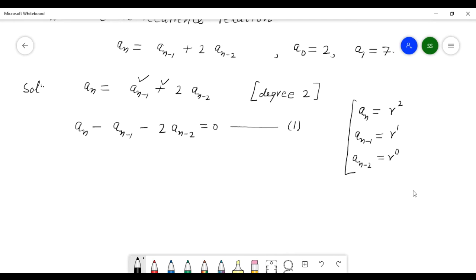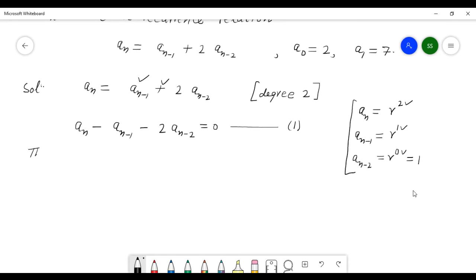Start from here: 2, 1 and then 0. This r to the power 0 means what? This is 1. Replace this. After replacing, this is called the characteristic equation.